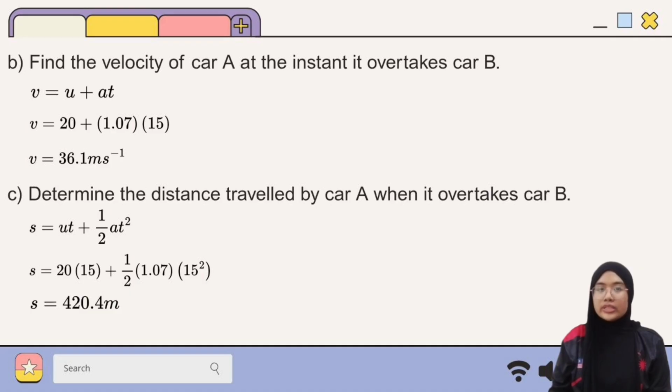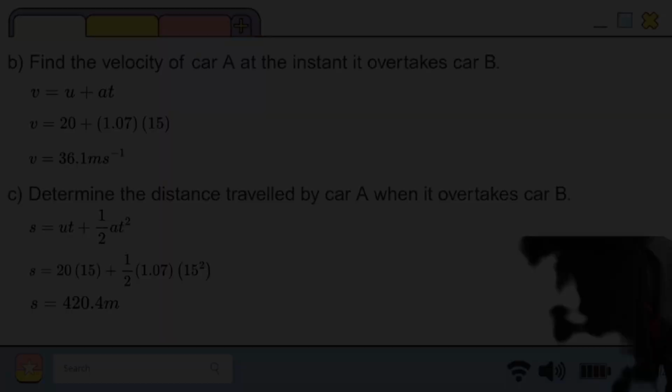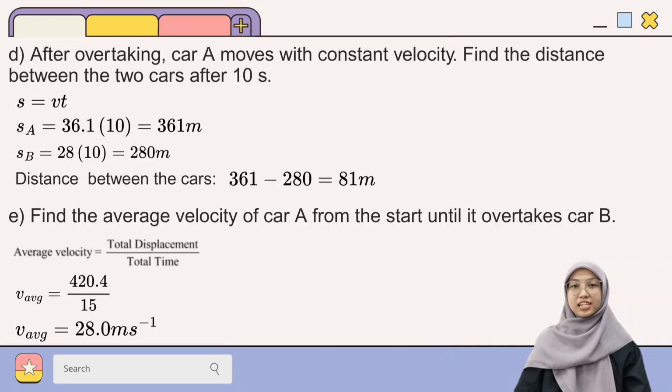By substituting all the given values into the formula, the distance traveled by car A when it overtakes car B is 420.4 meters.